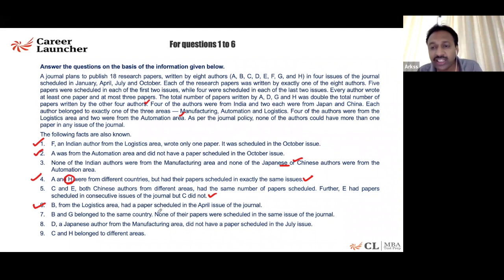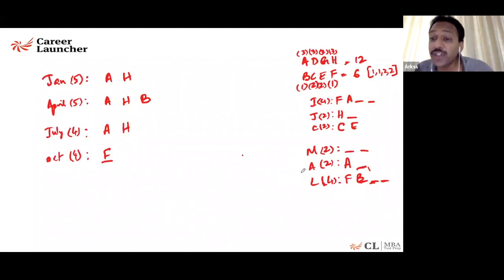B and G belong to the same country. Now look at this. B and G have to belong to the same country. You have only 1 J here. That means those 2 have to be your Indians. So A, B, C, D is missing here. So D has to come here. Now you know, F, A, B and G cannot be here. We know that B and G cannot be manufacturing.